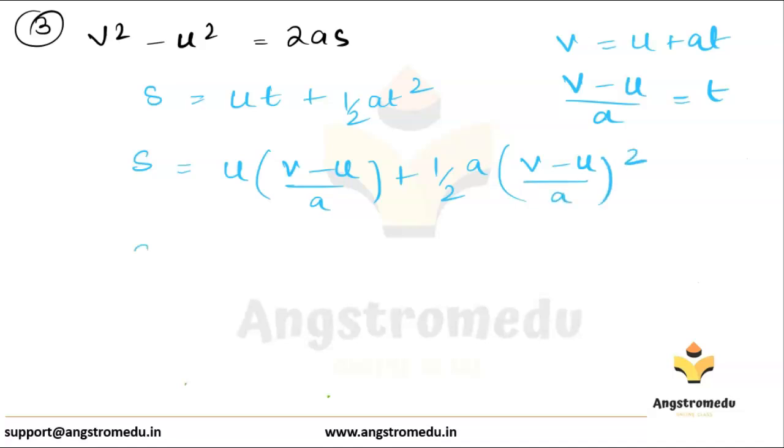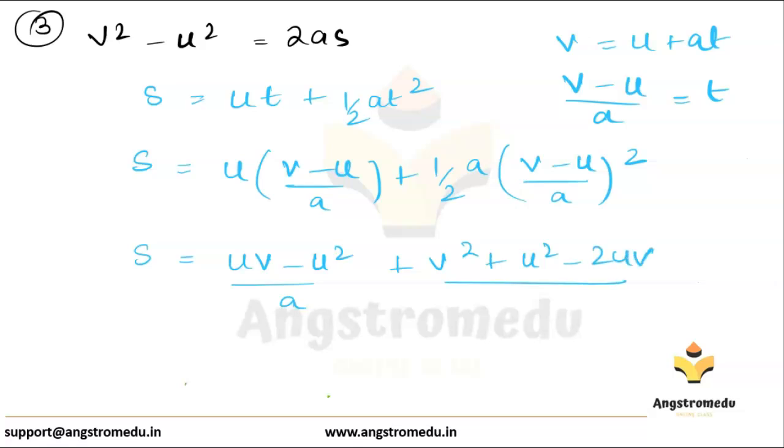If we solve this, we get s equals (uv minus u square) by a plus (v minus u) whole square, that is v square plus u square minus 2uv, by 2a. This will be equal to uv by a minus u square by a, plus v square by 2a, plus u square by 2a minus uv by a.